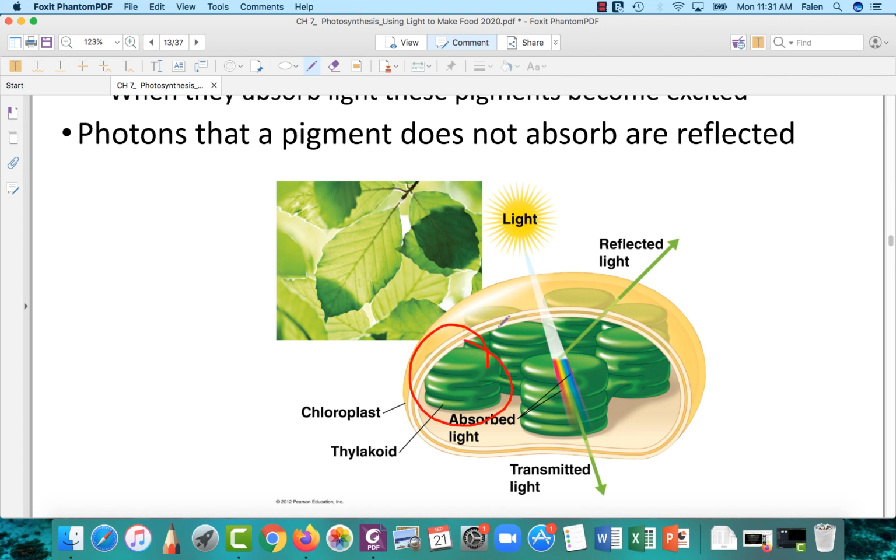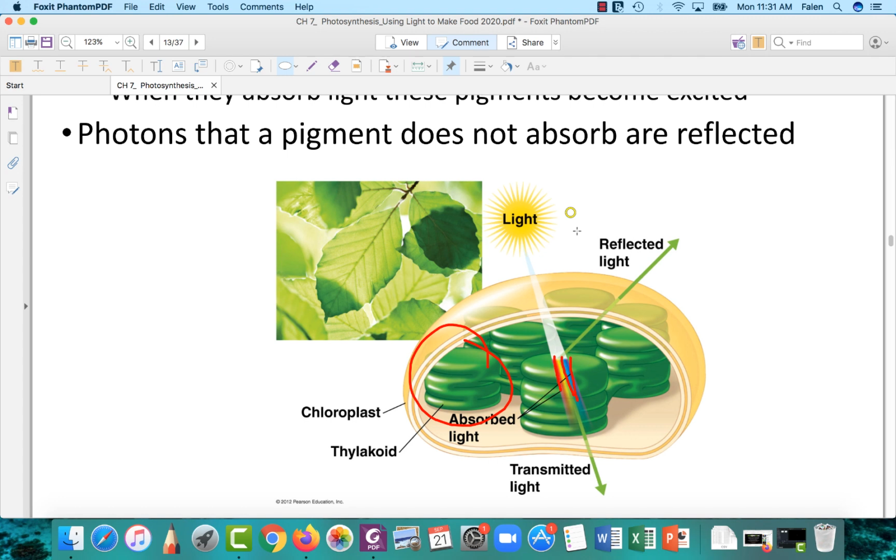Why is it green? It's absorbing all kinds of colors. How come it doesn't turn red or blue? This is a very important answer: the reason plants are green is because they absorb the visible light spectrum.